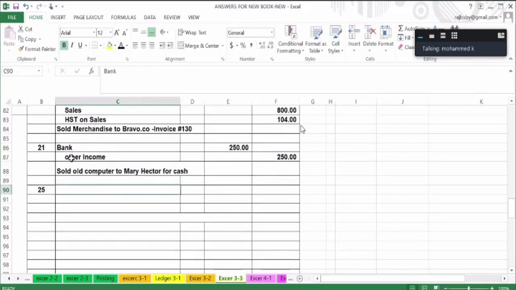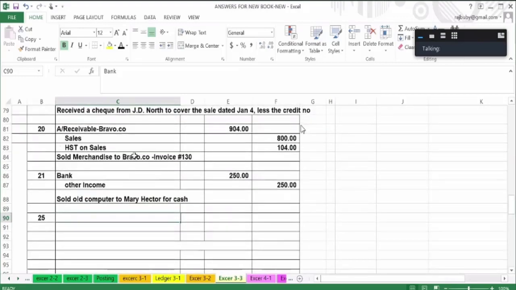January 25th. Received a check from Bravo Company with 2% discount of the price for early payment. So this is from January 20th, and we have to calculate the discount, only on the $800.